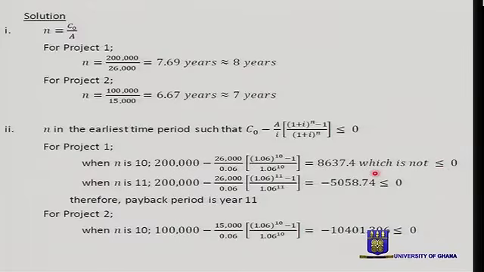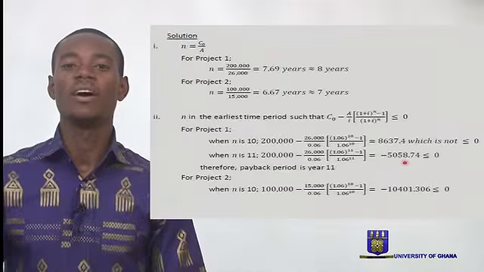So what do I do? It means I probably have to do another one, and so I move on to period 11. When n is 11, I do the same thing. And voila, look what I have. Now I have minus 5,058.74, which in actual fact is less than 0. And so it is telling you that between period 10 and period 11, I would be recovering my money.